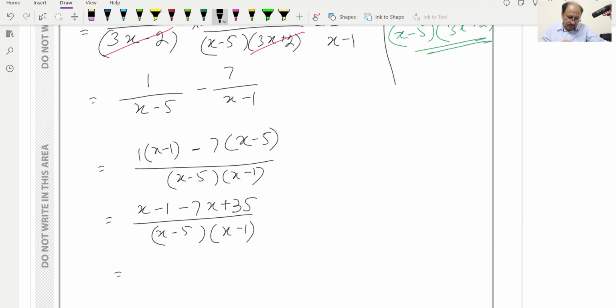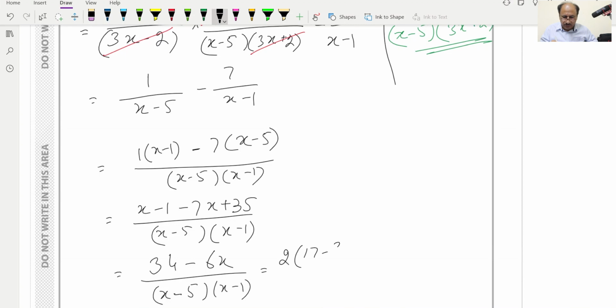And this will be 34 minus 6x divided by x minus 5 into x minus 1, or we can take 2 common from the numerator, so inside will be 17 minus 3x divided by x minus 5 into x minus 1.